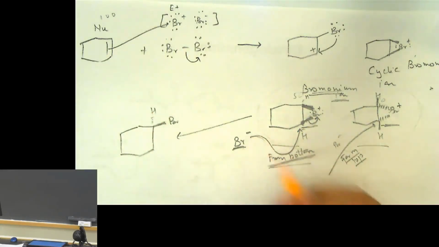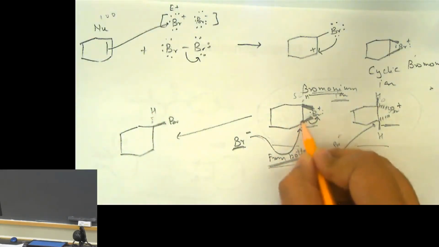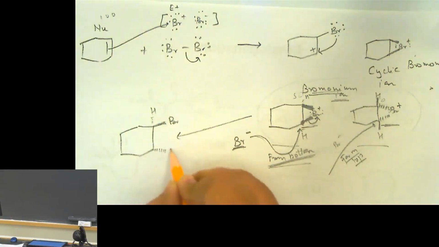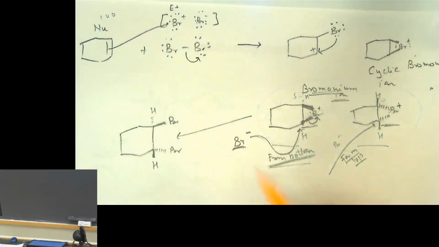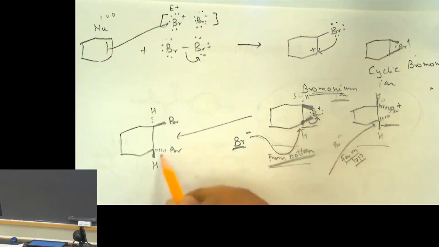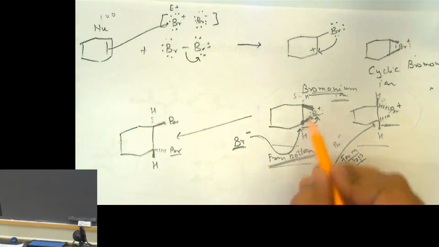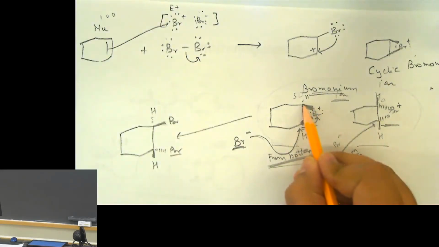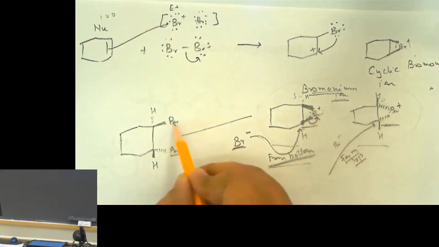Right? Now Br here is coming from the bottom to this carbon. So Br there will be at the bottom, and hydrogen will go to the top. Right? So to whichever carbon the bromine is coming from the bottom, at that carbon you'll have the bromine down because it's coming from the bottom. At this carbon, the reaction is not taking place with Br minus, so there Br was up, it will remain up.